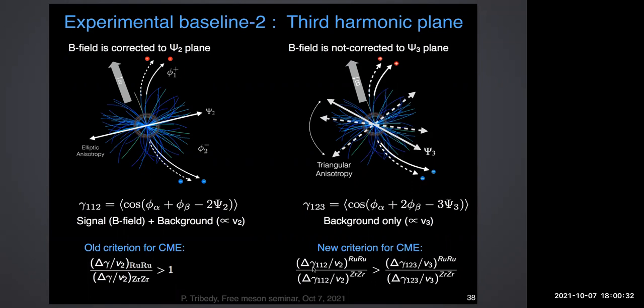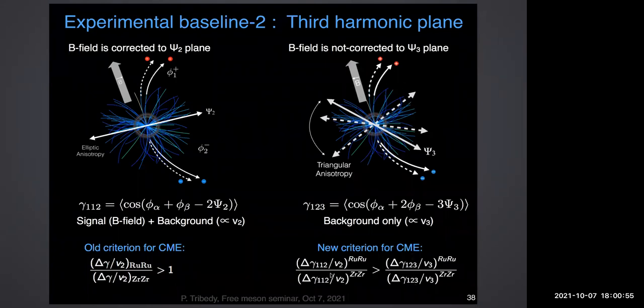And I don't have to tell you what the new criteria will be. It's very simple. The delta gamma over v2 in ruthenium over zirconium, this time has to be greater than the delta gamma 1,3 over v3. Basically, charge separation over the third order plane, which cannot have any contribution to CME because it has no correlation with the magnetic field.